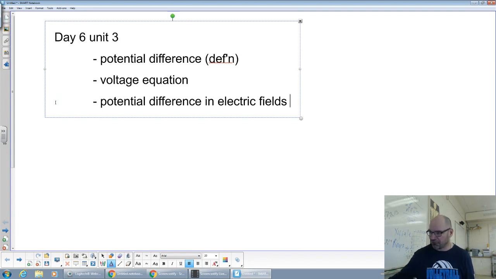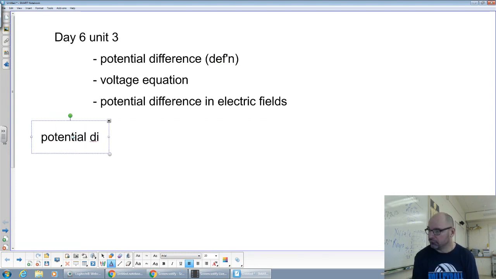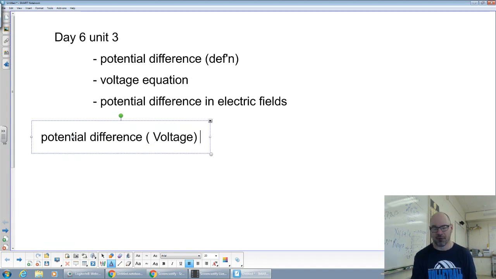So let's start by defining that first. So we call it potential difference. Slang for that is voltage, because that's the unit. Volts are used to measure it, so people call it voltage, but the proper term is potential difference.